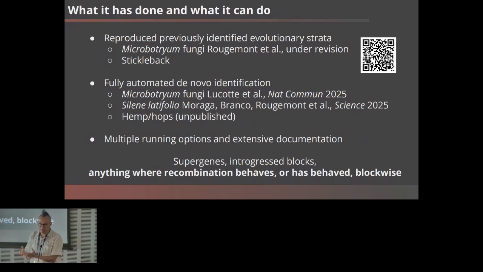As we just heard yesterday, genomes are not just a witness of what they do, but also of how they came to do what they do. So anything where recombination behaves or decays blockwise, then this is your go-to.